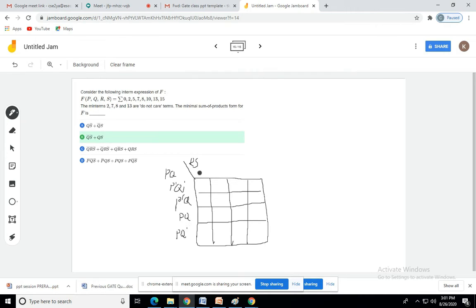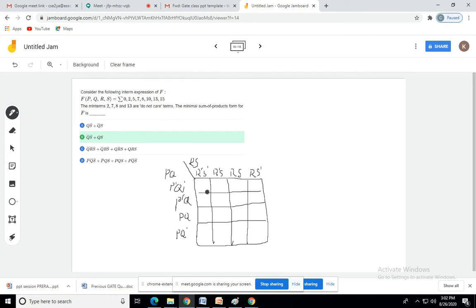Then R dash S dash, R dash S, RS, R S dash. And what are the terms which are given? Minterms given. We have to plot the minterms in the K-map.